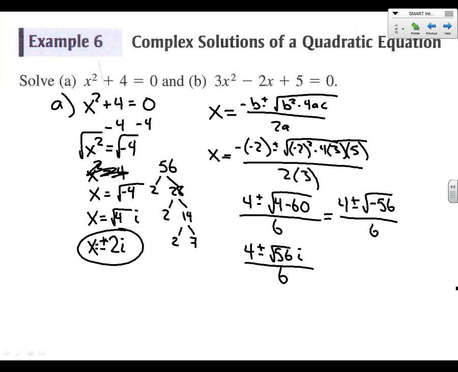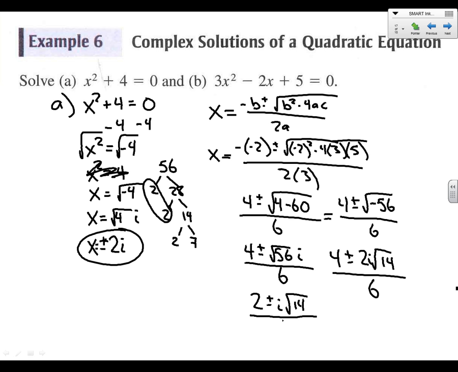We can bring out a 2 on the outside, so 4 plus or minus 2i square root of 14 all over 6. And since everything is even, we'll simplify it one more step. 2 plus or minus square root of 14i all over 3.